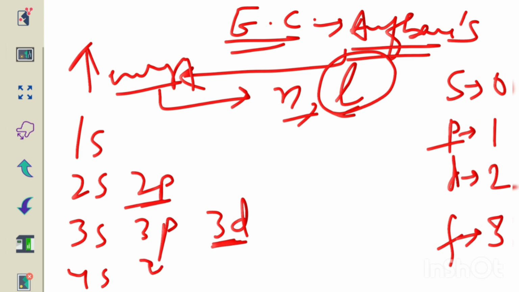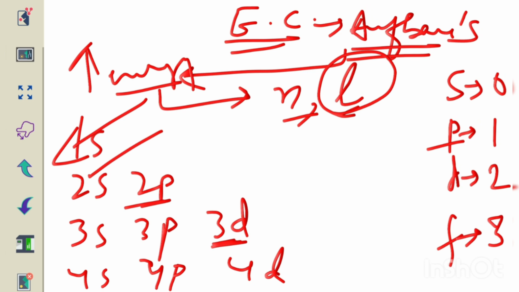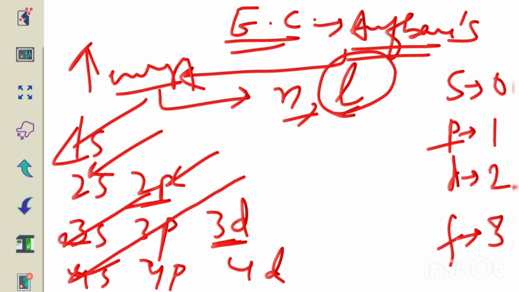Similarly, here we will have 4p and 4d. So you will make the arrows in this slanted way. First you will fill 1s, then 2s, then you will start filling 2p, 3s, then 3p, 4s, then 3d, 4p and 4d, in this way.